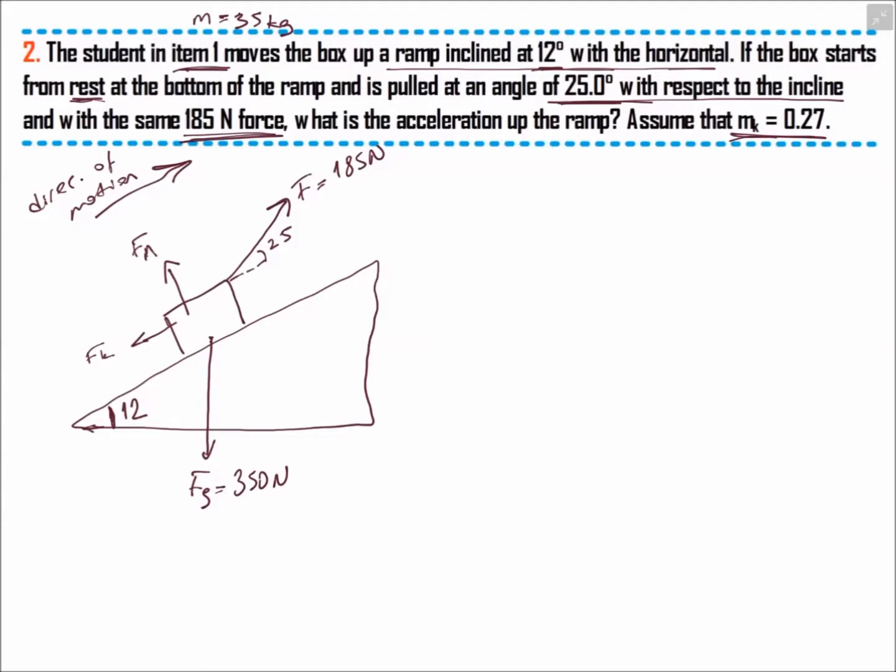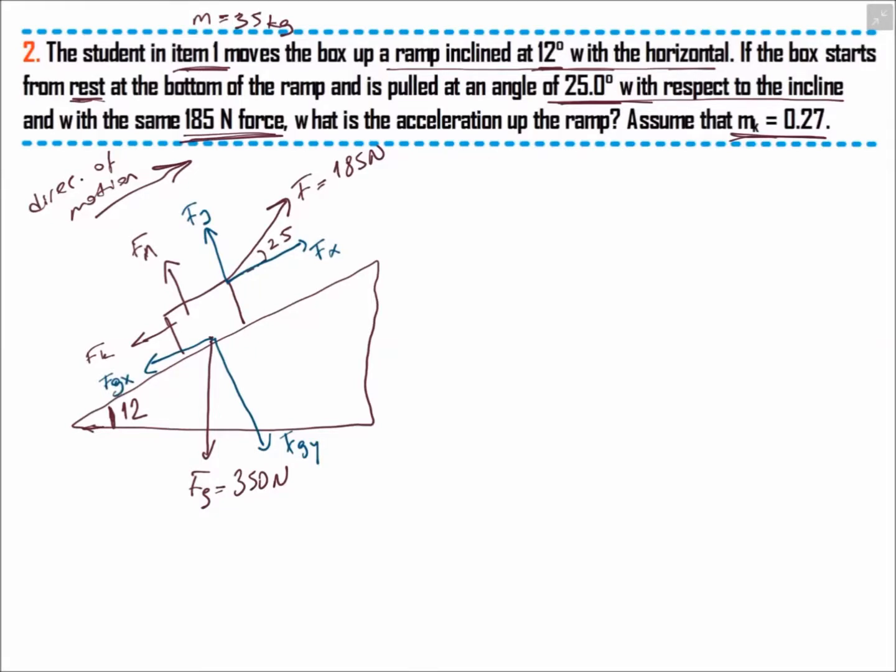The next step in this type of question is to find the components of the forces. F has components Fx and Fy. Fg has components Fgy and Fgx.